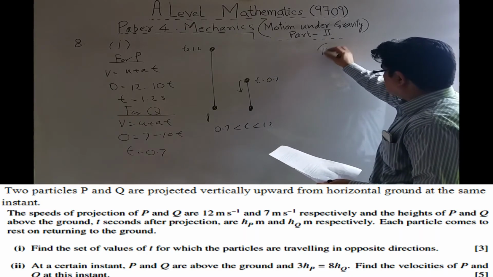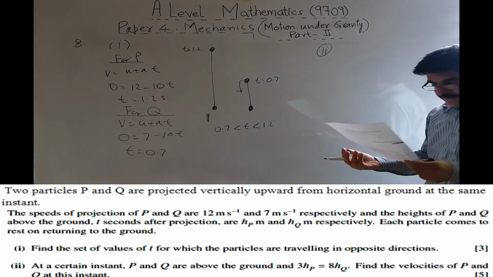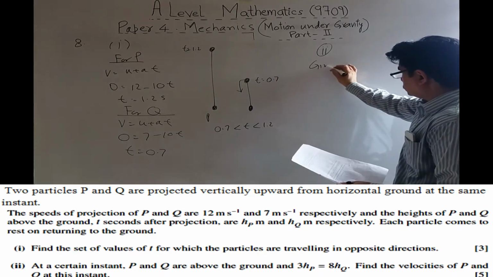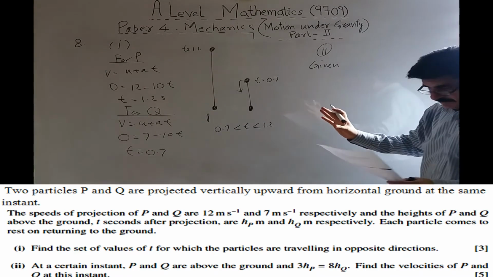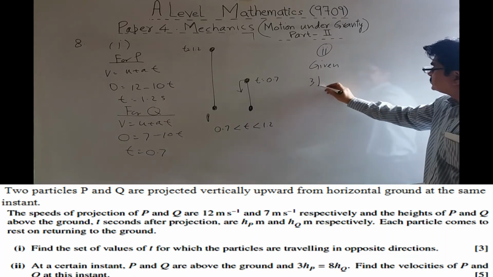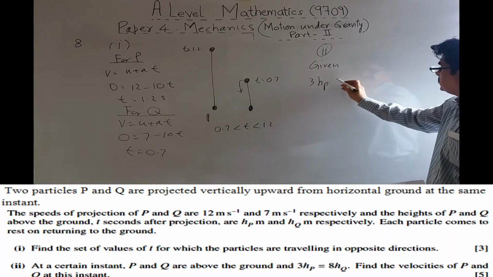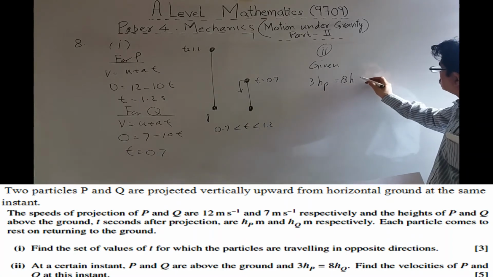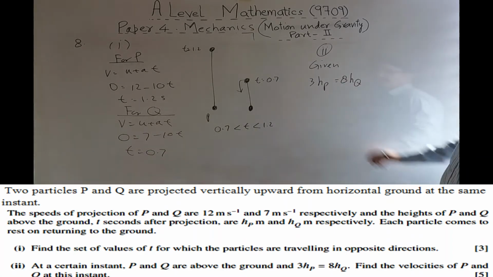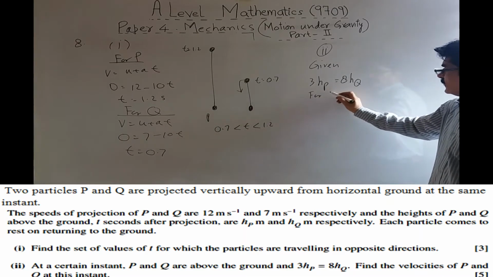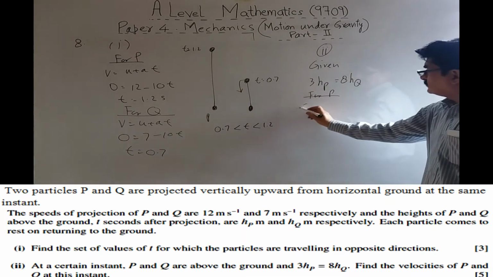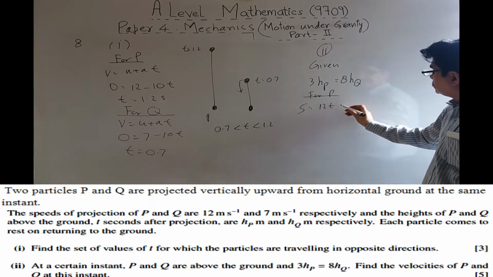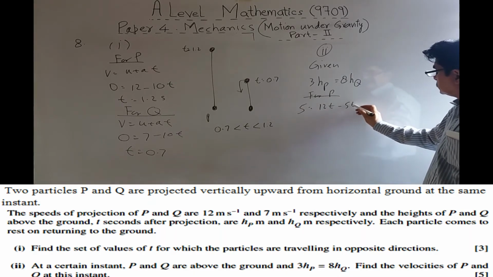Then we have the second part. Now in the second part, at a certain instant, you are given a very important relationship between the heights or the distances: 3 times hp, the distance of p, is equal to 8 times hq, distance of q. Now for p, applying the formula s is equal to ut minus half gt square, you will get this.